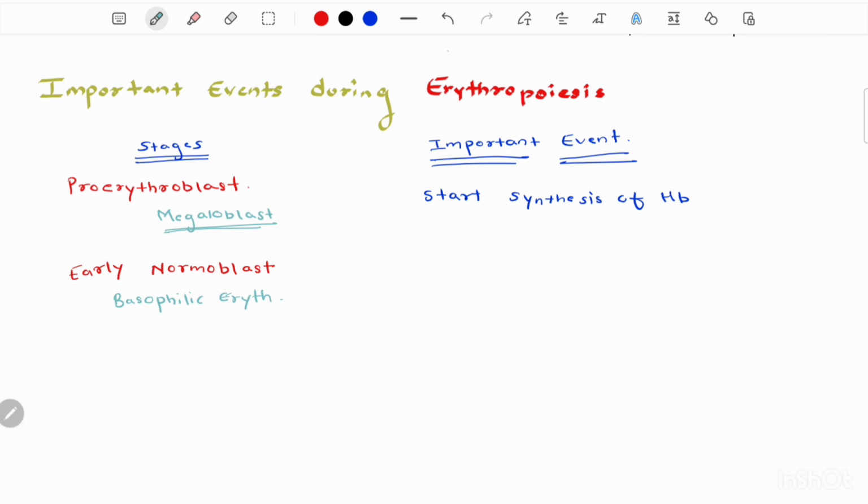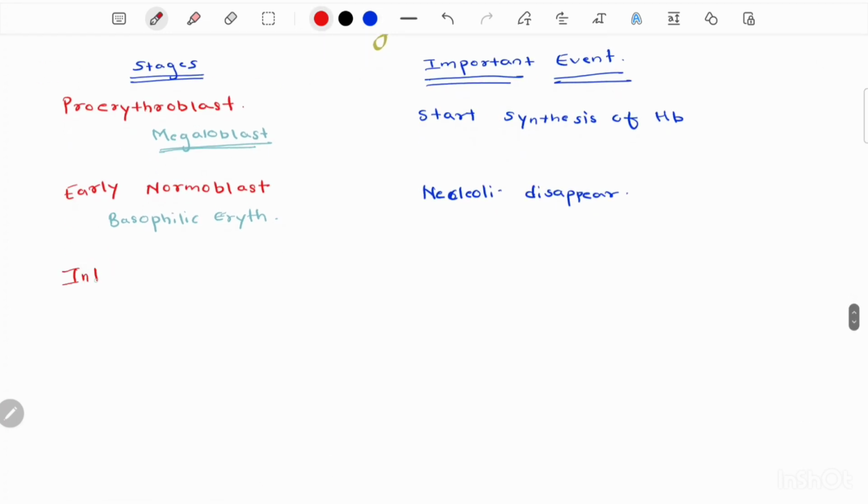The important event here is that nucleoli disappear. The third stage is intermediate normoblast, also known as polychromatic erythroblast. Here hemoglobin starts appearing.